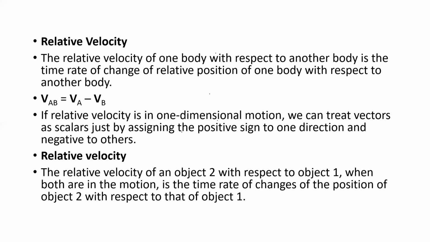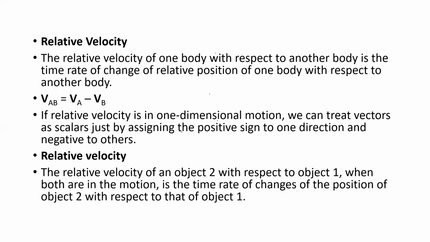Then in velocity, we have another type called relative velocity. So what is relative velocity? Let us see. The relative velocity of one body with respect to another is the time rate of change of relative position of one body with respect to the other body.